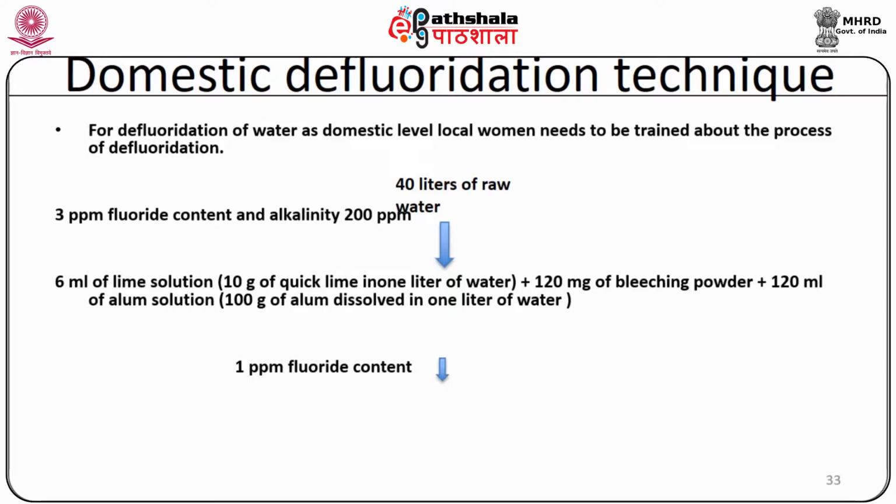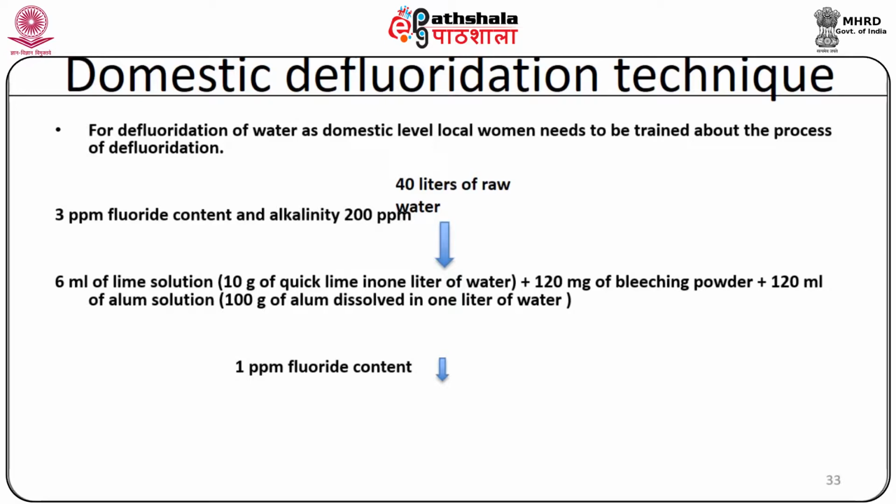200 parts per million. We'll add to this 6 ml of lime solution, which contains 10 gram of quicklime in 1 liter of water, plus 120 mg bleaching powder, plus 120 mg of alum solution, 100 gram of alum dissolved in 1 liter of water.